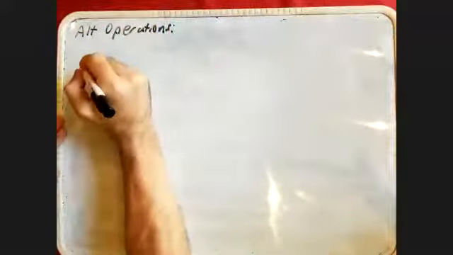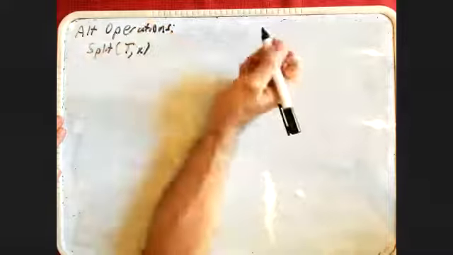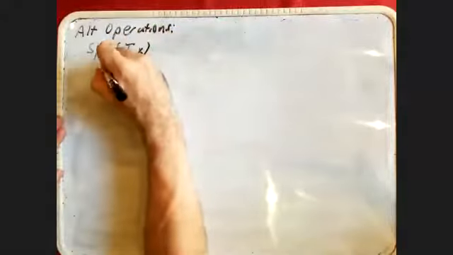Okay. One operation called split, where you take a tree and a node X, and it returns two trees.